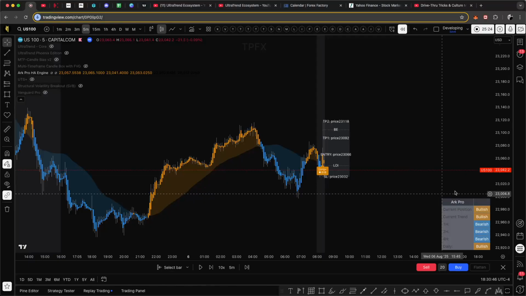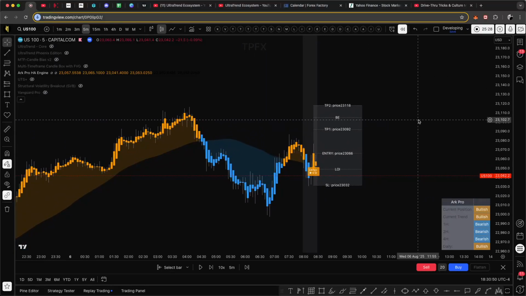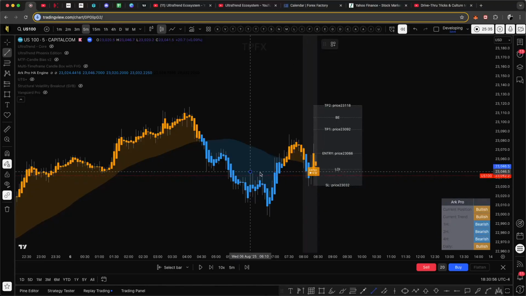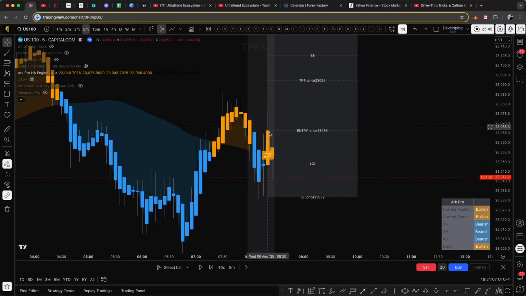Anyways, the indicator prints right here a buy. Why is it printing a buy? Well, since it is based on breakouts as well, the logic is a combination. So right here, there's a breakout of this recent structure, and the price is retesting, and right there it prints the entry. Notice the entry was on a candle that has no wick at the bottom, right? That's a strong signal for Heikin Ashi candles. This is why I'm using these Heikin Ashi candles.